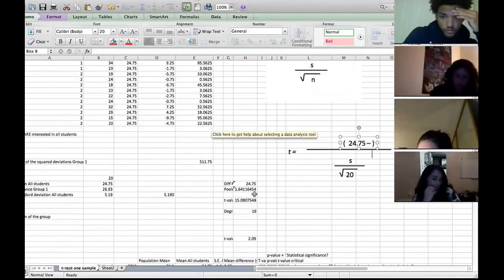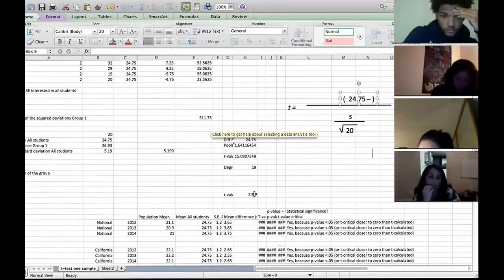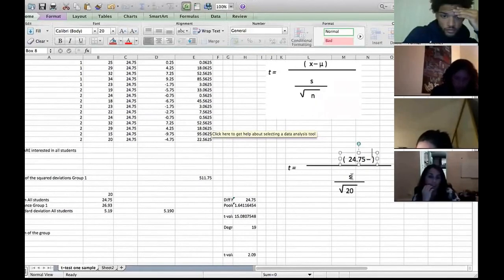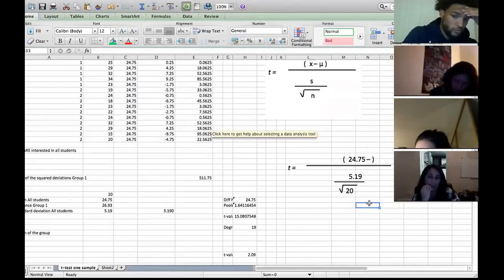Now is the tricky part: which one should we take? I'll get back to that. So we'll plug in the mu here. On the bottom, S stands for the standard deviation. We plug in the 519 for the standard deviation of the sample. Then this N here, we complete with the 20. So now all this is information from the sample.